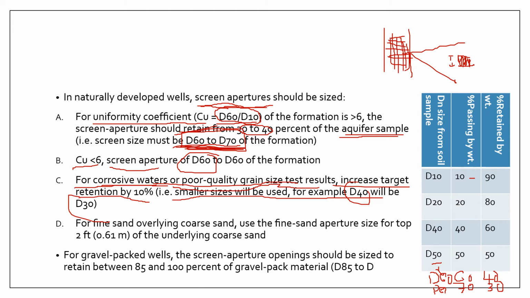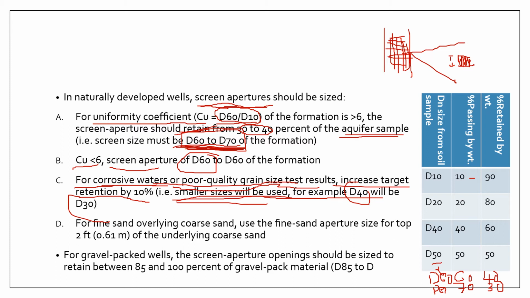The reason for this is that corrosive waters, of course, eat away your screen material. So corrosion will lead to loss of your metallic material. So corrosion over time will actually widen your screen aperture area. All right, so that is the reason for the use of smaller sizes.